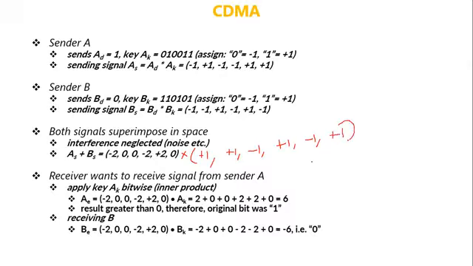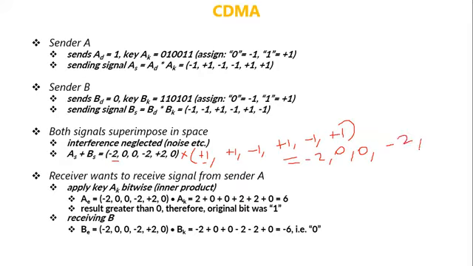So if you apply B's key to this data, what will you get? 1 into -2 is -2. Again 0 into... this is -2 into 1 is -2. 0 into +1 is 0. Again 0 into -1 is 0. Again -2 into +1 is -2.